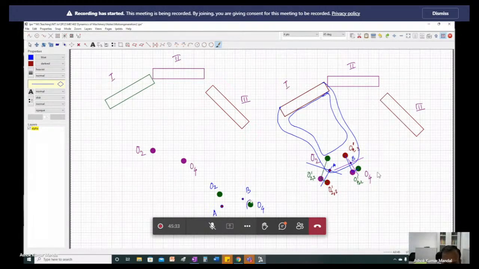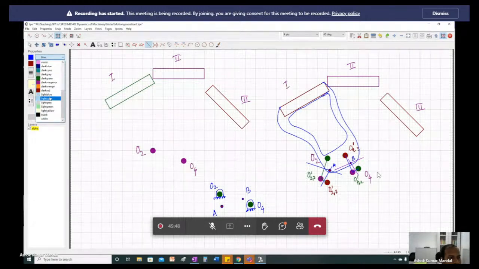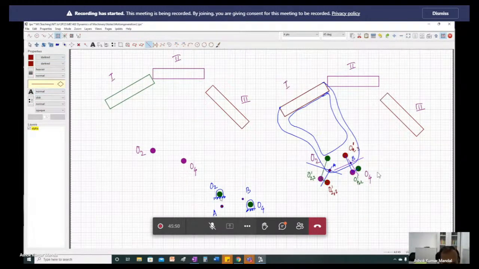So finally I can draw it like this. This is O4. This is O2, and we complete the mechanism.